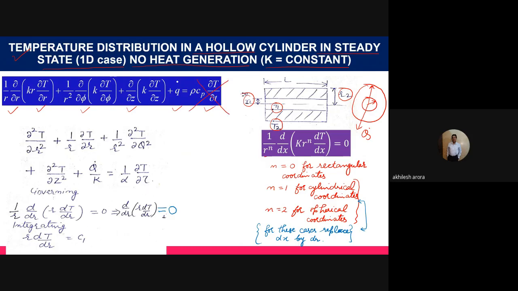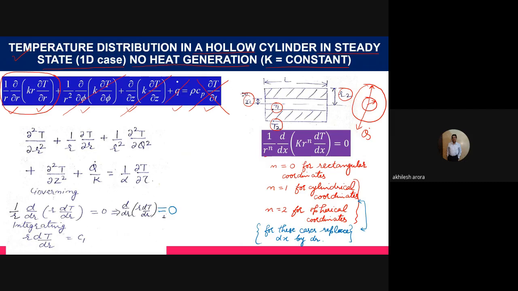It's a one dimensional case, that means the heat transfer is taking place only in the radial direction, so there won't be any heat transfer in the angular direction or in the z direction, so these two terms will go. And there is no heat generation, and this term is for the heat generation, so it will also go. And we are left with only this particular equation, 1 over r del by del r of k r del T by del r. So from here we can start actually.